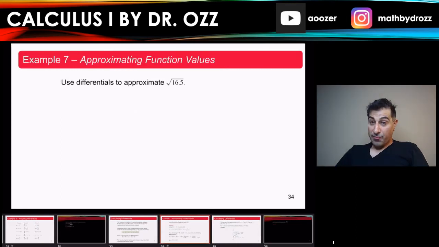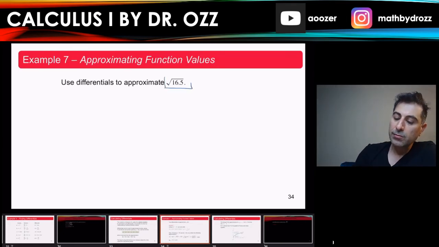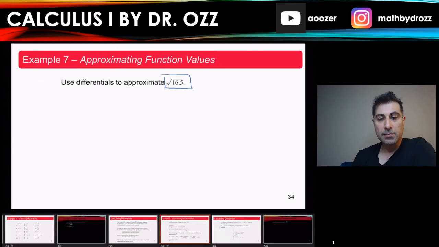All right, our final example to close this section is approximating function values to achieve, in fact, the last learning objective. We just mentioned that, but we want to reinforce that concept with an example like this. Let's say you're trying to find the value of radical 16.5. If you don't have a calculator, then probably you won't be able to write the exact value or even an approximated value of this.